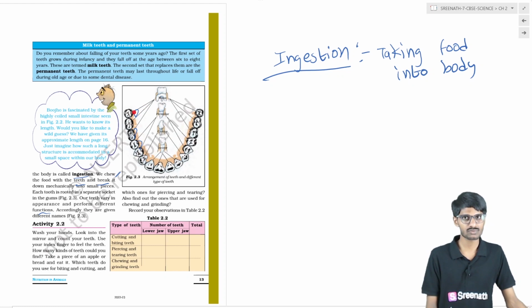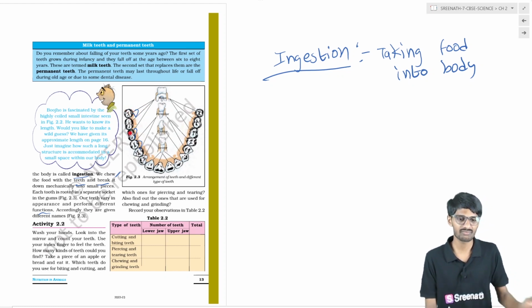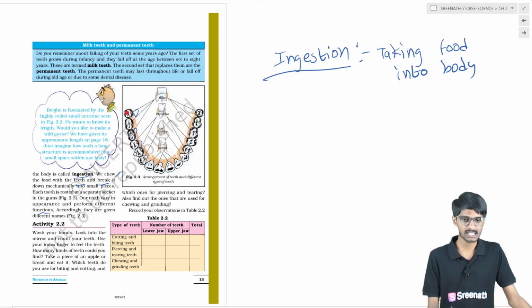There are different types of teeth, doing different functions. These are the molar teeth, these are the premolars, these are the canines, and these are the incisors.